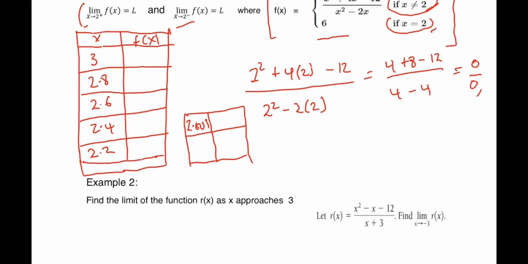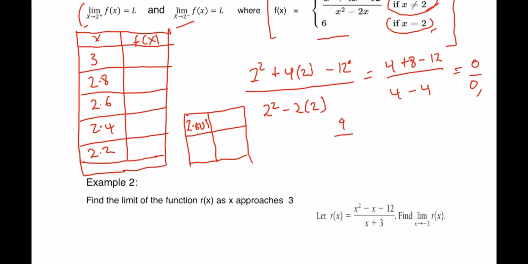At 3, when I put 3 in, 3 to the power 2 gives 9, and then plus 4 times 3 is 12, so the numerator is 9 plus 12 minus 12, which gives 9.